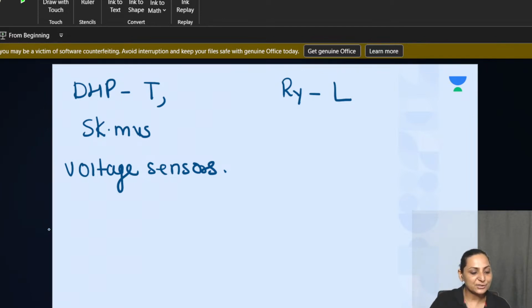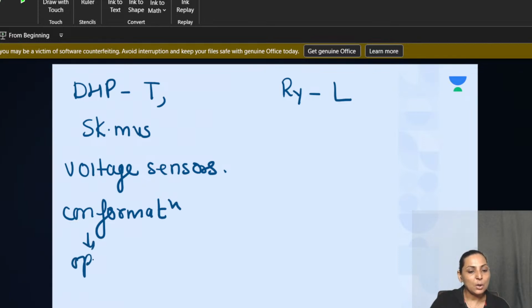So as soon as the action potential comes, there will be opening of the DHP receptors. These DHP receptors bring about a mechanical conformational change, and they open the ryanodine receptors, which then pour out the calcium.